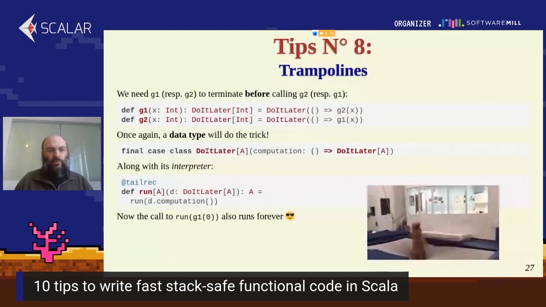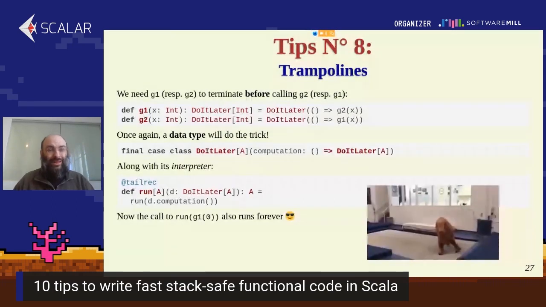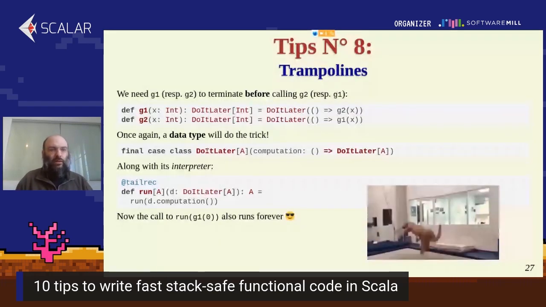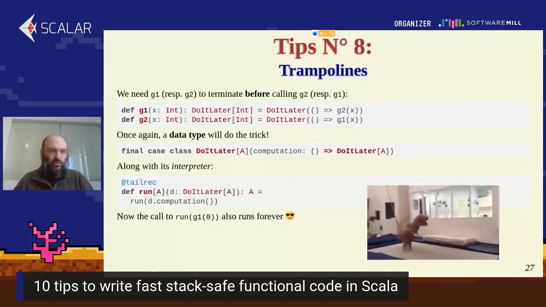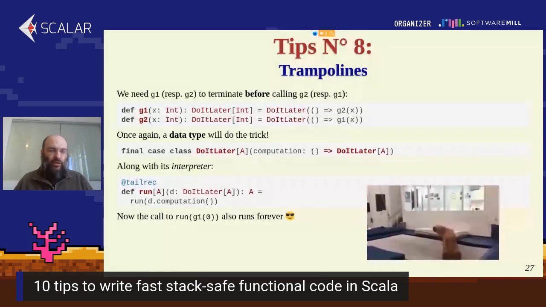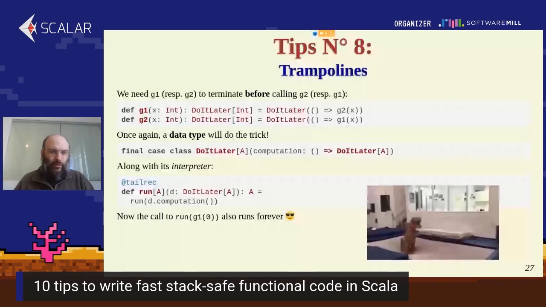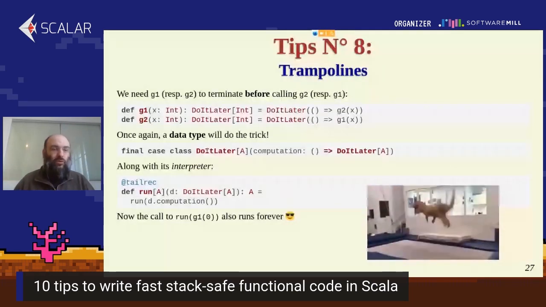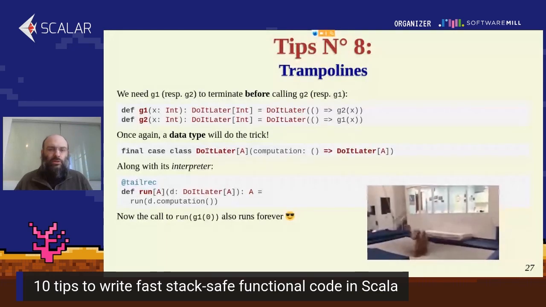But if g1 computes what it has to do later and then returns, then it can shrink the stack. Then g2 can start again, and again it will compute what to do later, return, which makes the stack shrink again. And so you avoid the stack growing just unnecessarily.